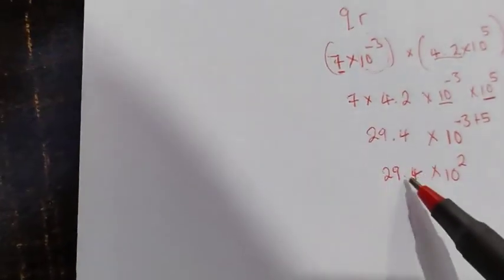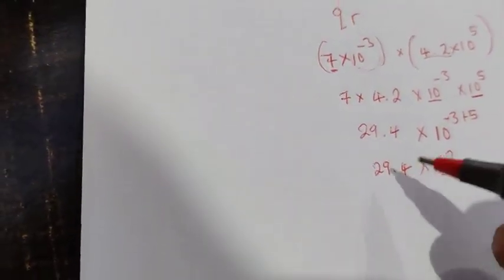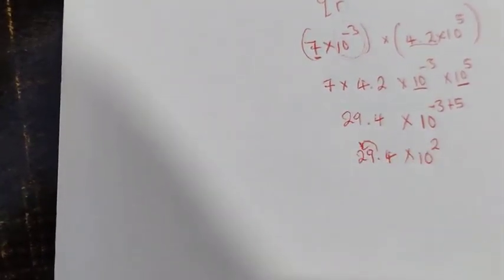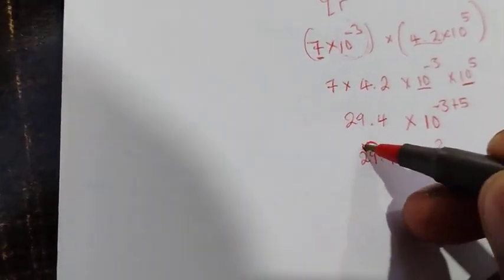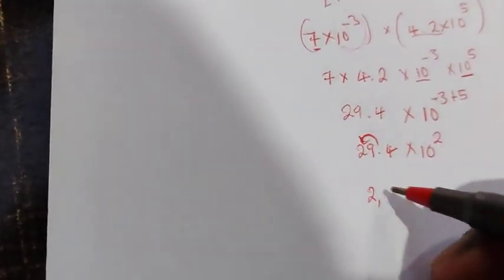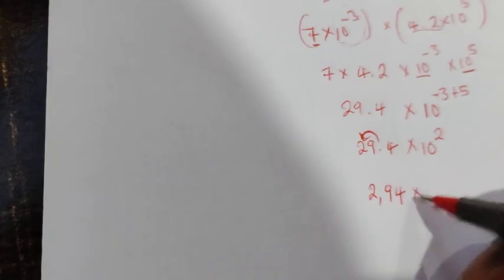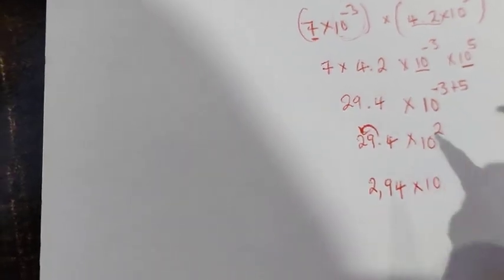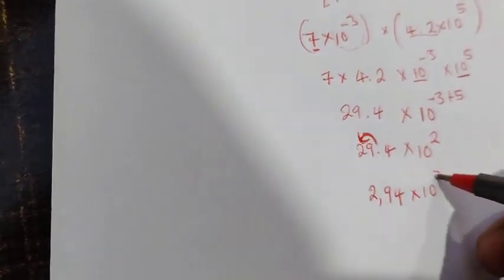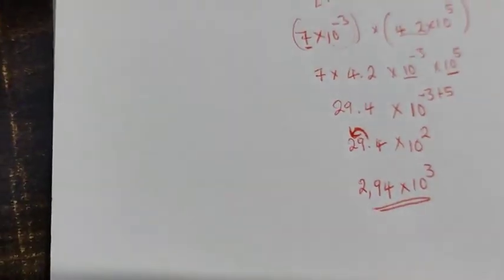But now we always know that in standard form, the comma is always after our first digit. So we move it there to make it 2.94 times 10 to the power. Here there is 2. We add plus 1. We moved only once, so it's to the power 3.